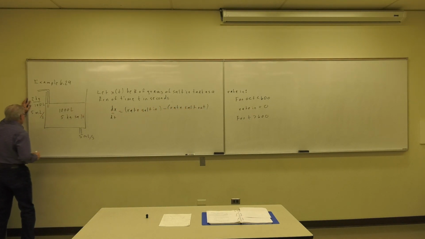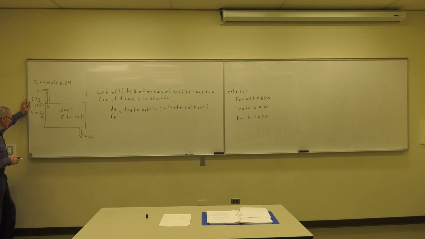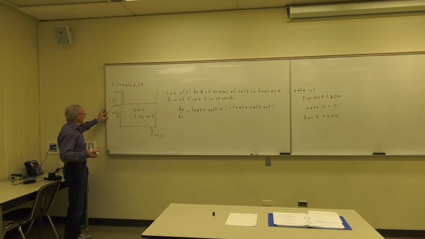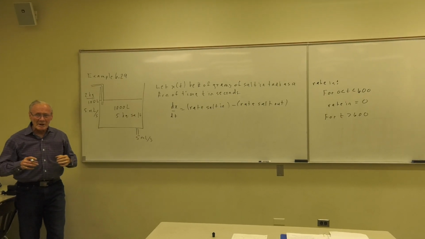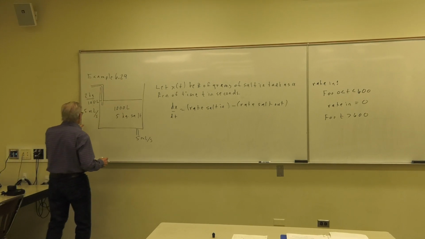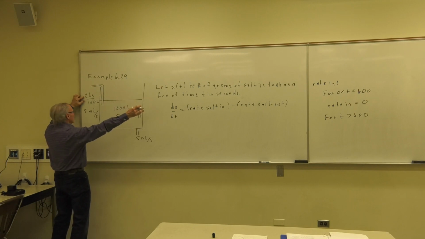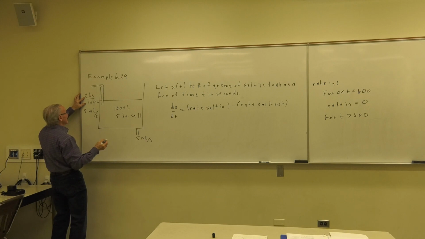Remember the idea back in 15.3 was that we need the concentration, and then multiply that by the volume rate in. Because this is mils per second, we need this in grams, because we're working in grams, per mil. So we want to turn this into grams.